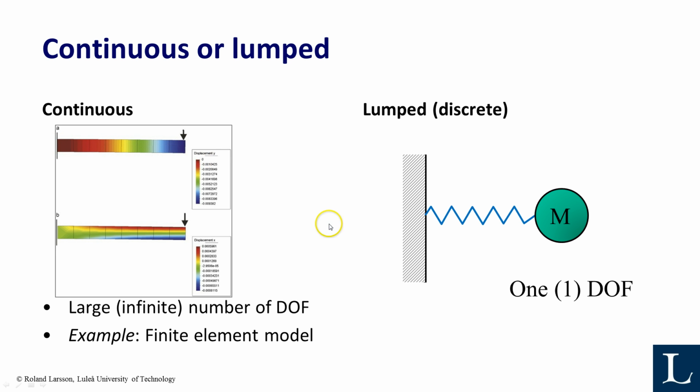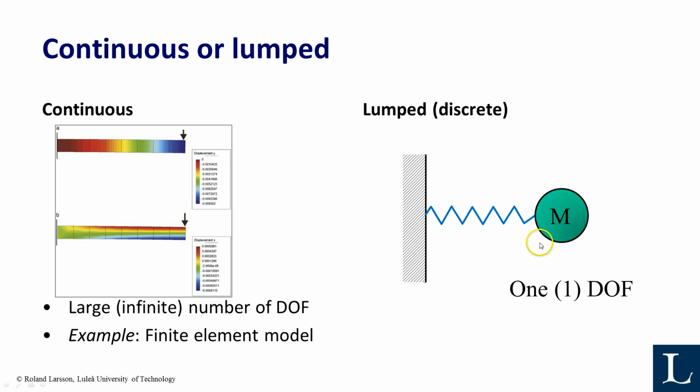But as you may know, if we assume it is a linear elastic material, then there is a simple relationship between the force and the deflection here, and 1 degree of freedom, instead of maybe hundreds here in the finite element model, can mimic the same thing.